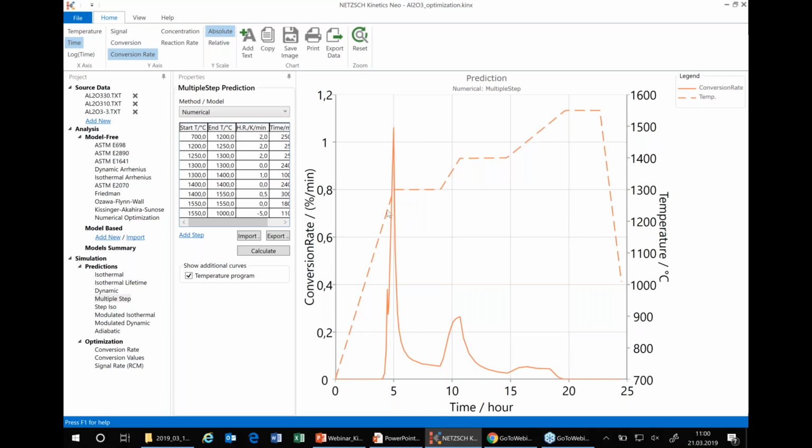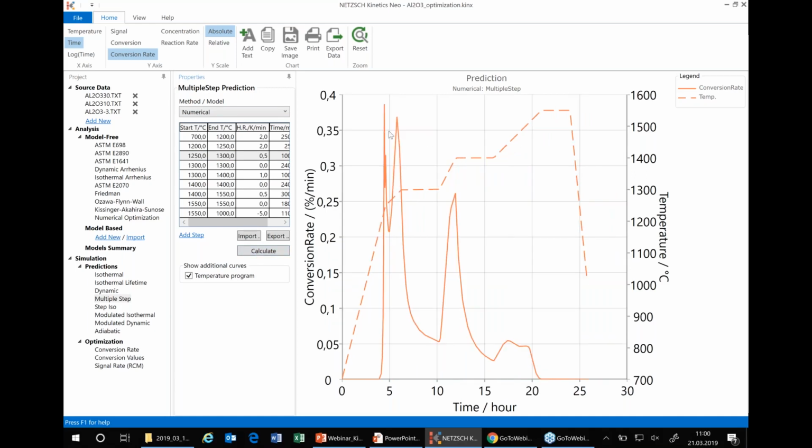How to improve the quality? We should reduce the heating rate exactly at this time point in order to reduce the shrinkage rate at this time point. It is from 1250 up to 1300 centigrade, and we can reduce the heating rate, for example, to 0.5 K per minute.